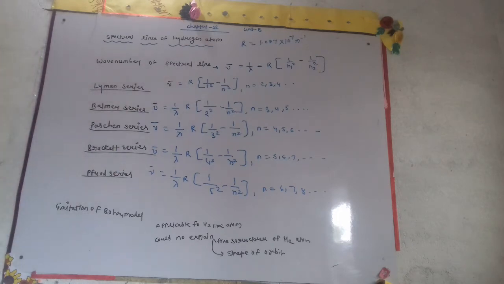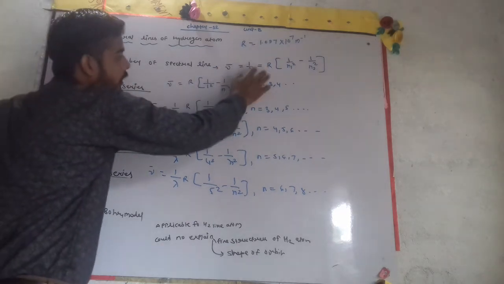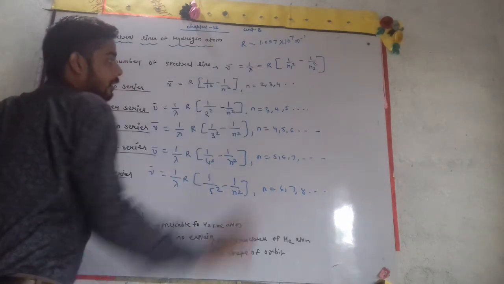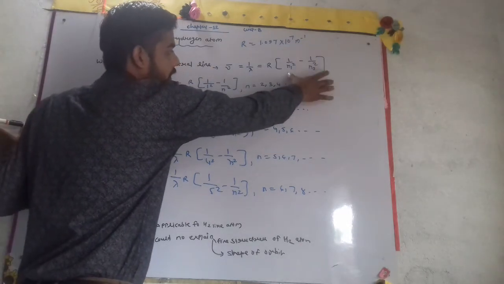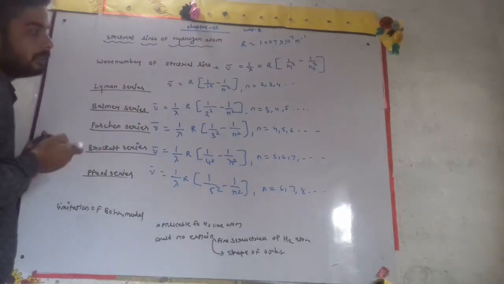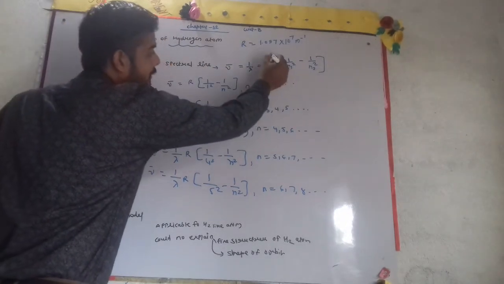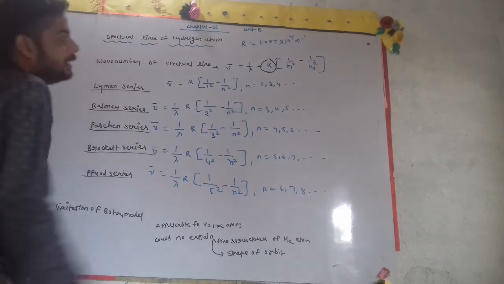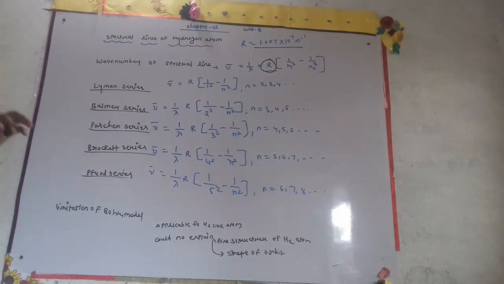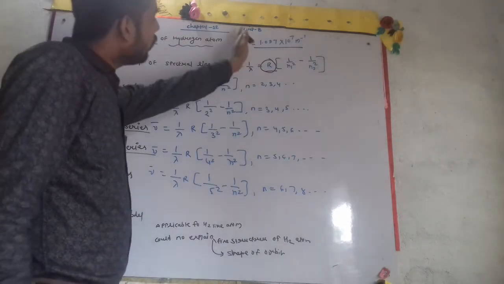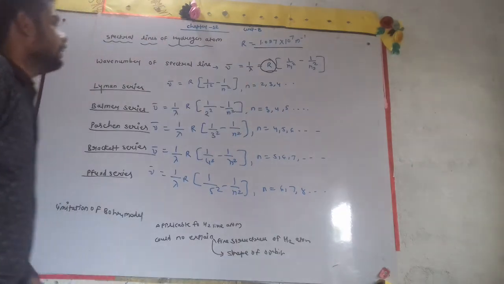The wave number of a spectral line is given by nu bar equals 1 upon lambda equals R times 1 upon n1 square minus 1 upon n2 square, where R is the Rydberg constant. We studied this in 11th class. Its value is 1.097 into 10 to the power 7 meter inverse. All spectral lines follow this manner.